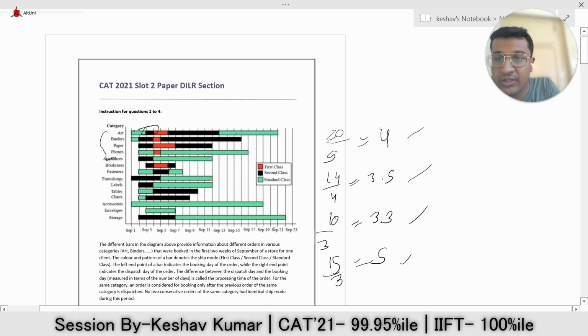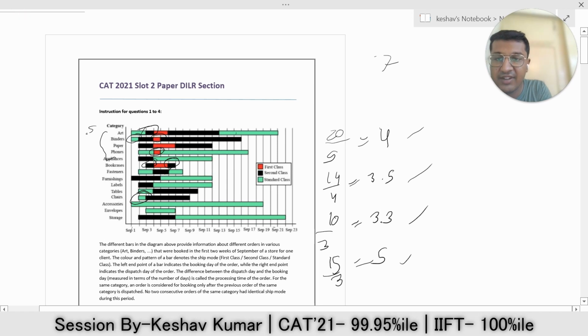In arts, you can see this is 1, 2, 3, 4, 5, 6, 7. Anything else? No, there are a total of 7 orders in which there was just 1 day of processing time. How many total orders were there?